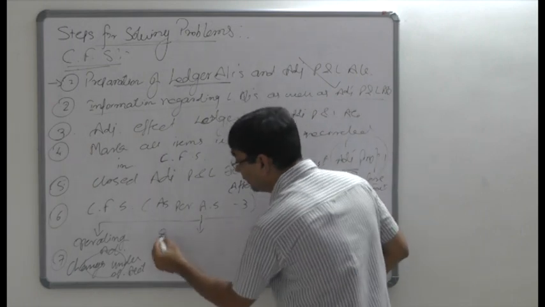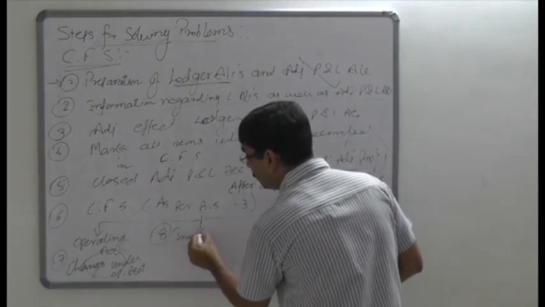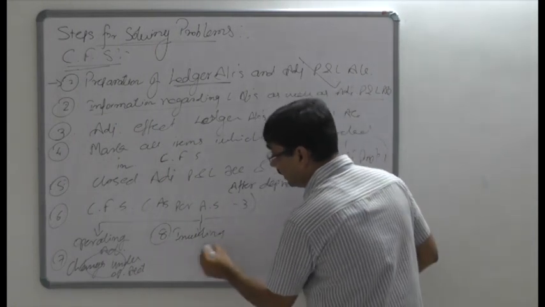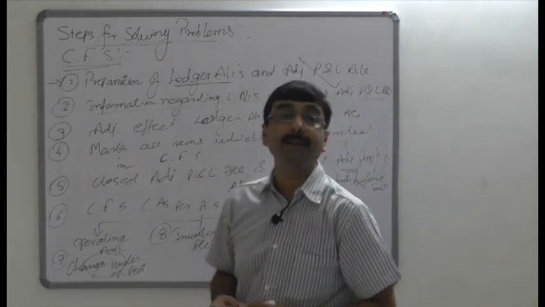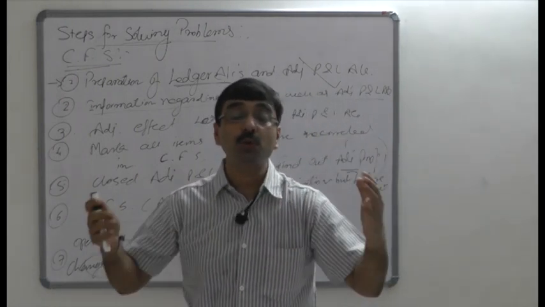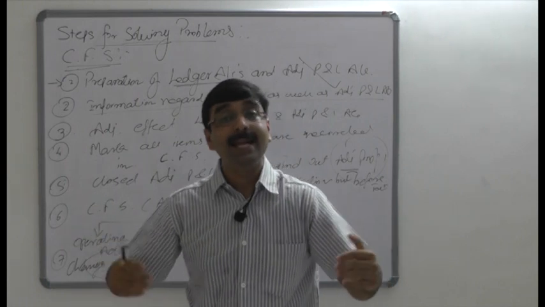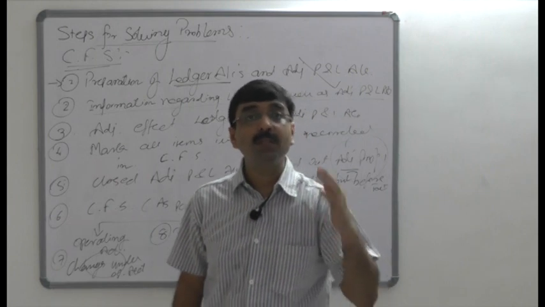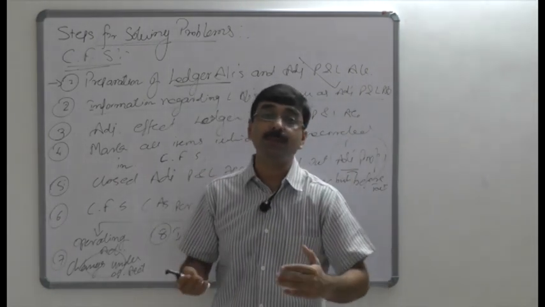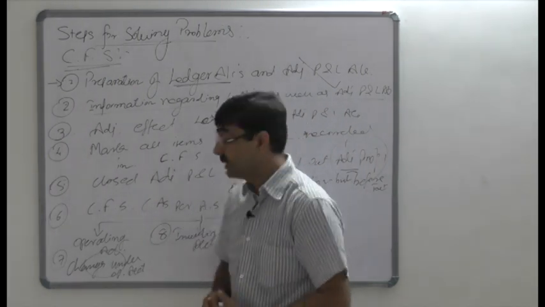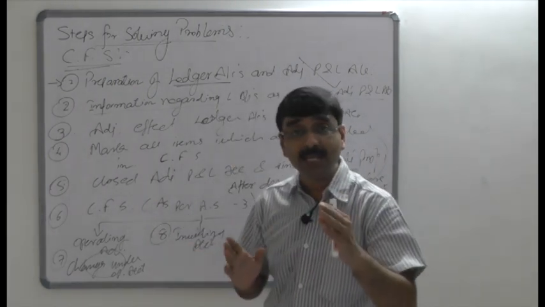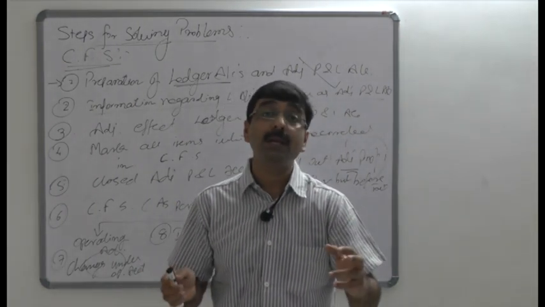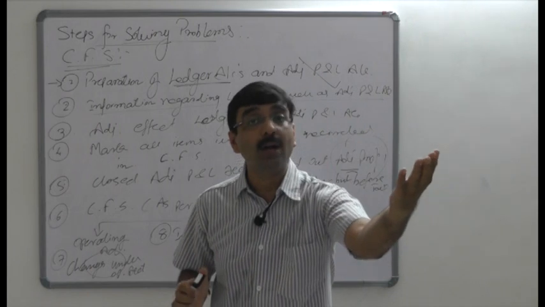Then step number 8 is to identify the amount of changes in the case of investing activity. Under the investing activity, we need to identify how much fixed assets were purchased and sold during the year, and not only fixed assets but also investments. If there are purchases of fixed assets and investments, they would be considered as cash going out, so that is cash outflow.